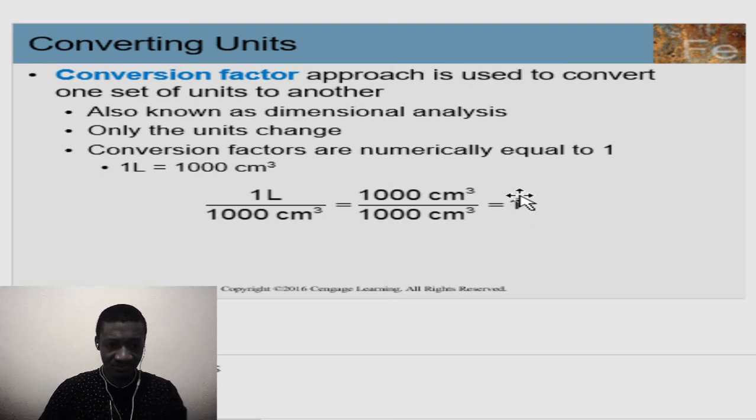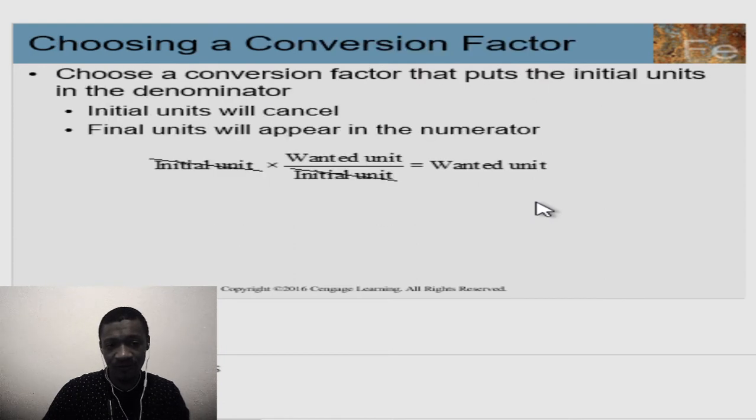Notice that if you divide both sides by 1,000 centimeter cube, you will literally have 1 as the factor between them, because actually 1 liter is 1,000 centimeter cube. So if you divide all through by that, this will cancel this, and this, which is equal to this, will cancel out, and then you have 1. So that's your factor, 1.